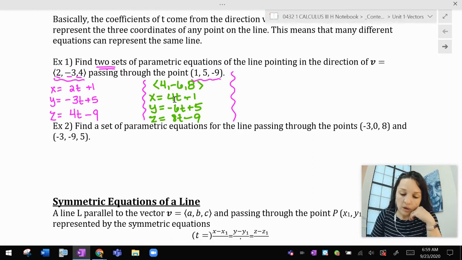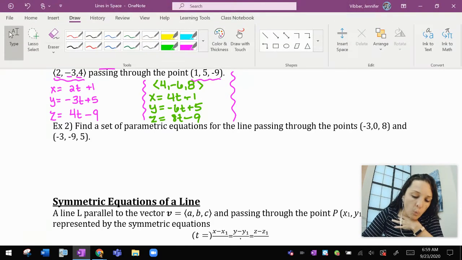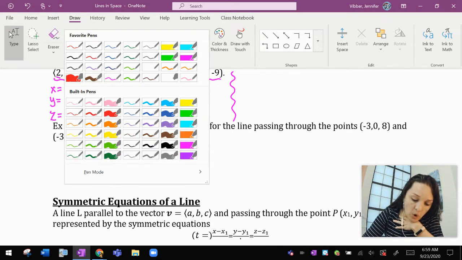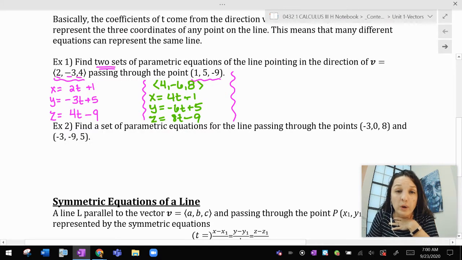Okay, I'm not just going to multiply that by another thing. I'm going to do something else. 1, 5, negative 9 is one point on this line. What if I wanted to use a different point? Well, how about I use the direction vector?